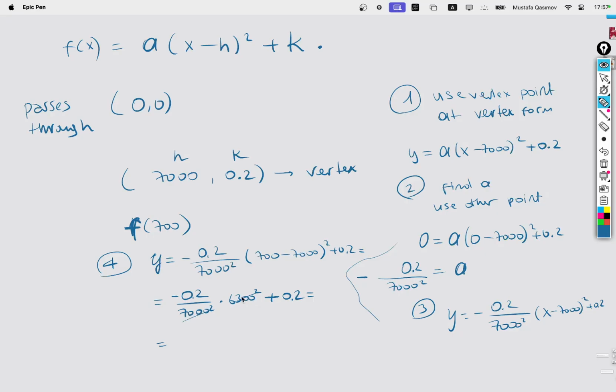We can eliminate the zeros, then it will be 7 and 10. No, it will not be 7. It will be 9, I think, right? 9 and 10. So it is 0.2 multiplied by 9 over 10 squared, which will be 0.81, plus 0.2. I think something is not correct, but I don't know.